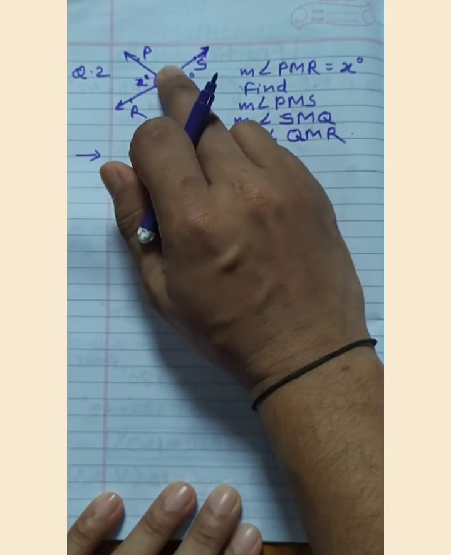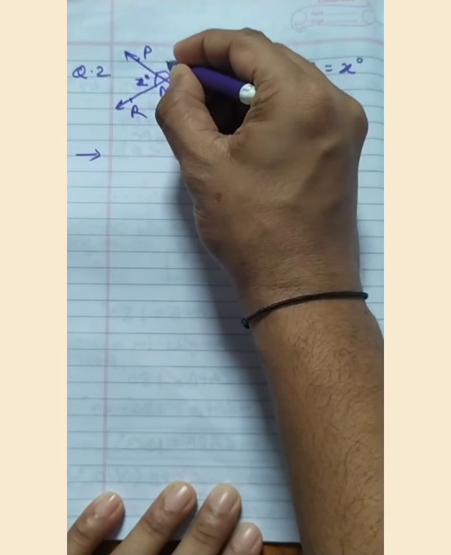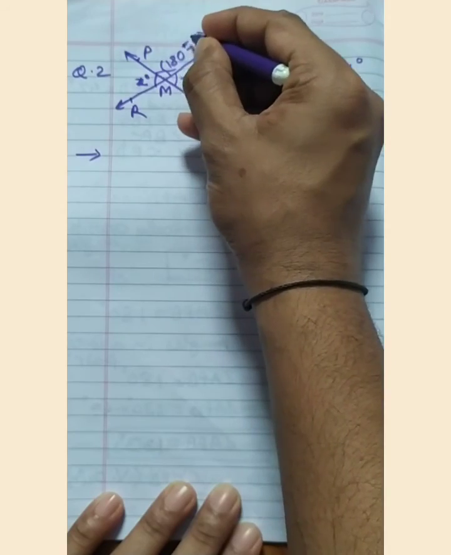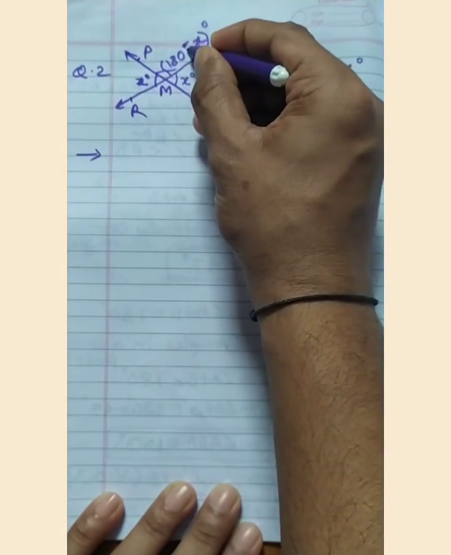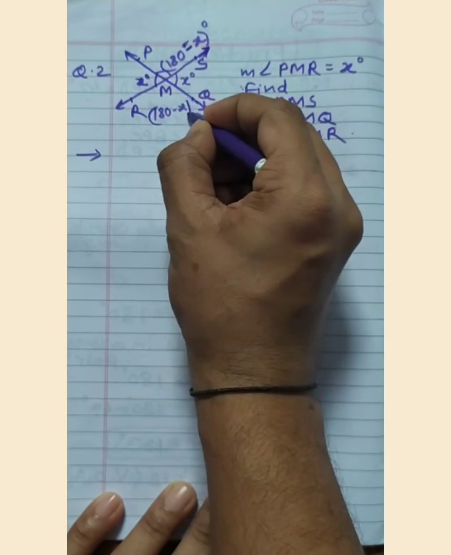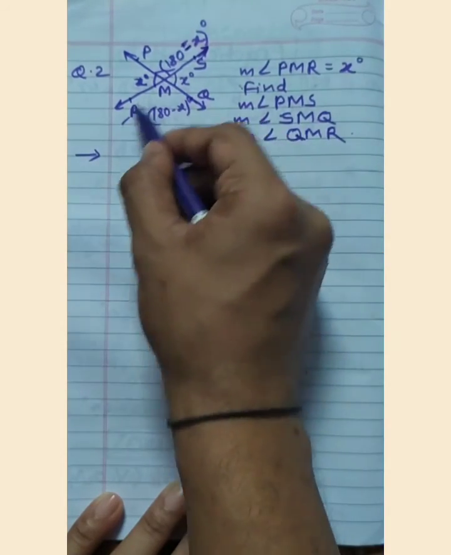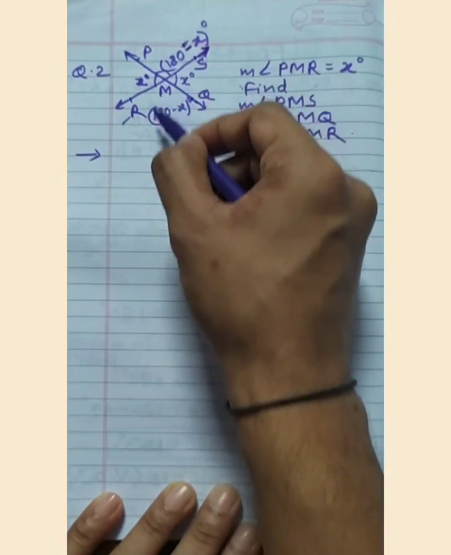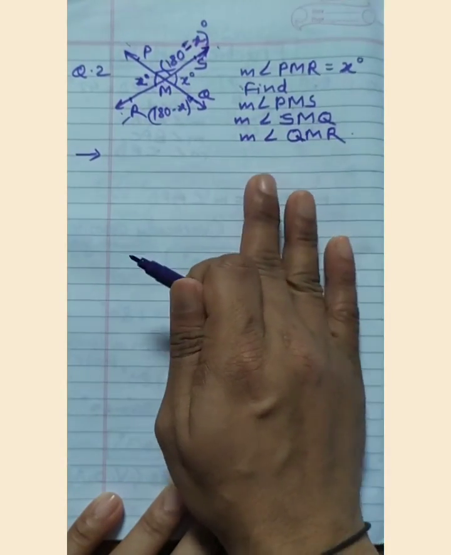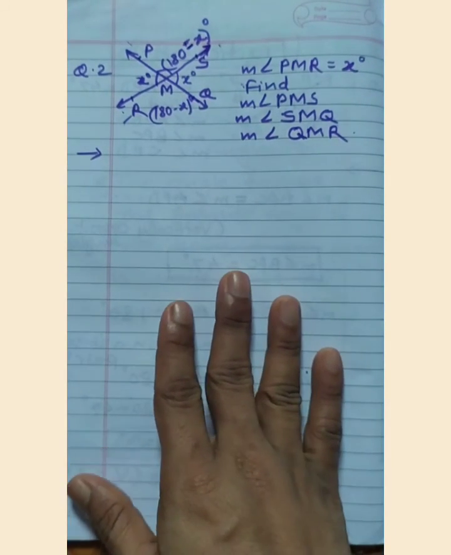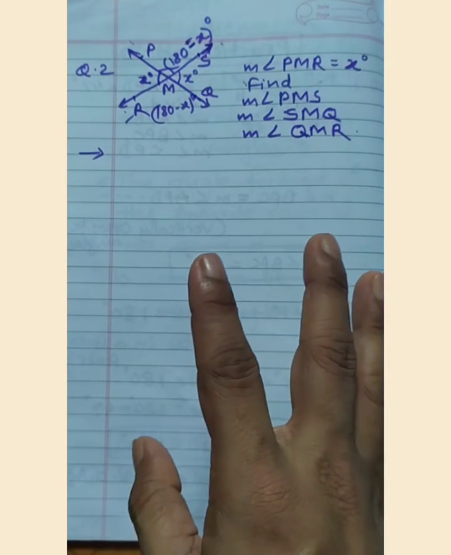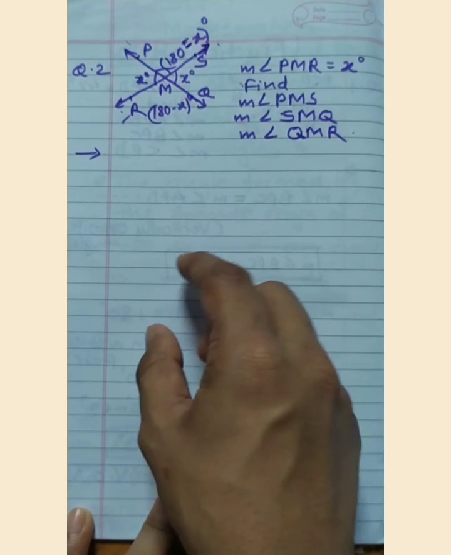So if one angle is x, then the other is 180 minus x degrees. Angle QMR is also 180 minus x degrees, because PMS and angle QMR are vertically opposite angles. For explanation, refer to question number 1. Apply the same method and write your explanation.